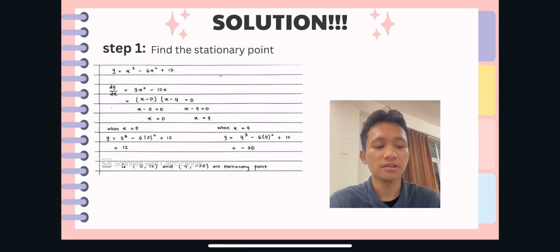The same for x equals 4: y equals 4 cubed minus 6 times 4 squared plus 12. The answer will be negative 20. So the stationary points will be (0, 12) and (4, negative 20).